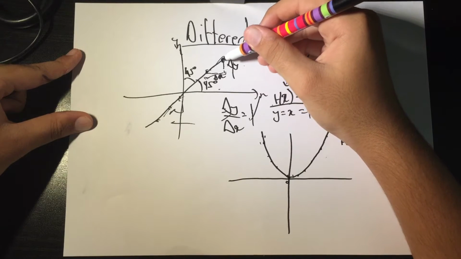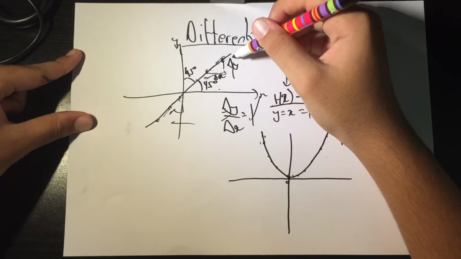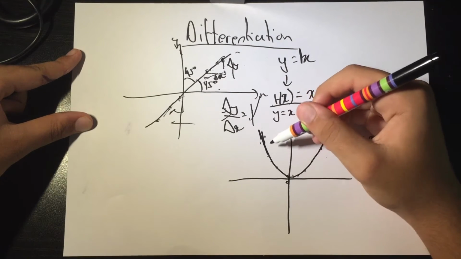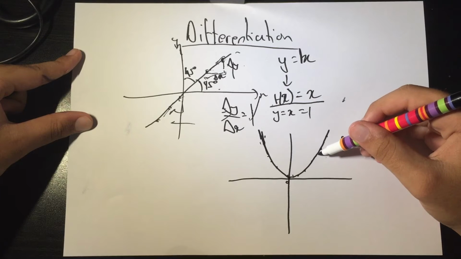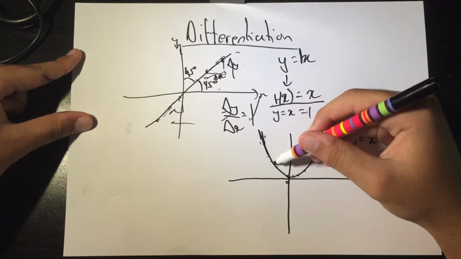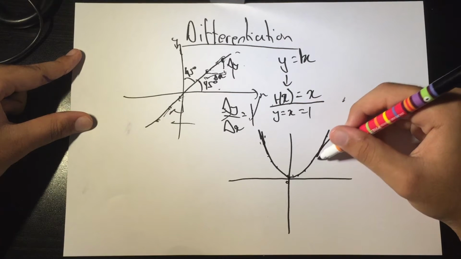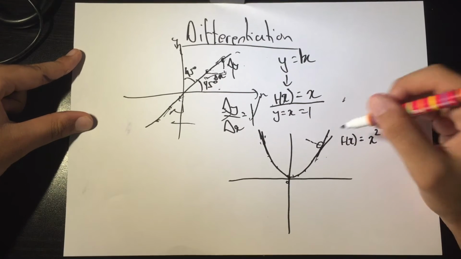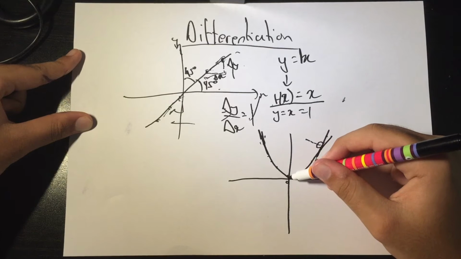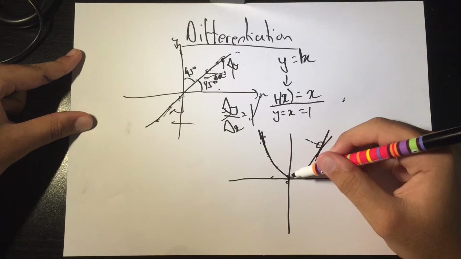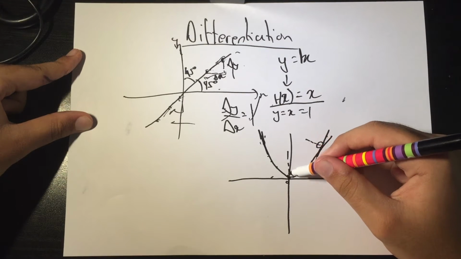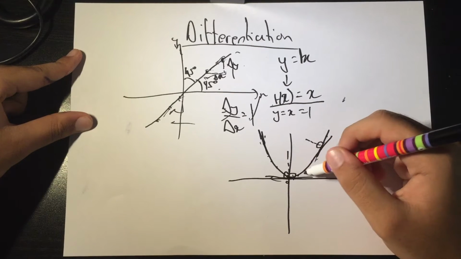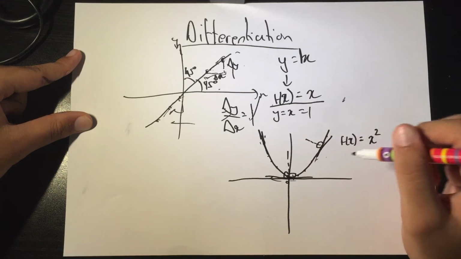Over here we don't need to draw a tangent, but if we just draw a tangent to this, tangents are basically just drawing a line right at the particular point. Over here I just drew a line and it's 90 degrees to the normal at that point. So if I drew a tangent at this point, x is equal to 0, then I draw the normal and I draw the tangent 90 degrees. As you can see, the tangent has a gradient of 0.